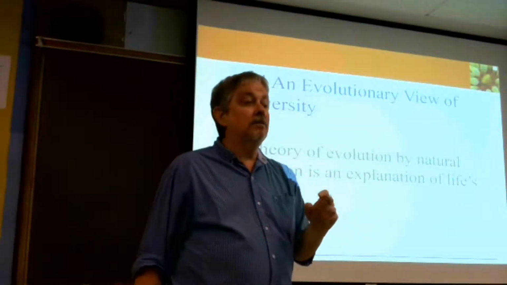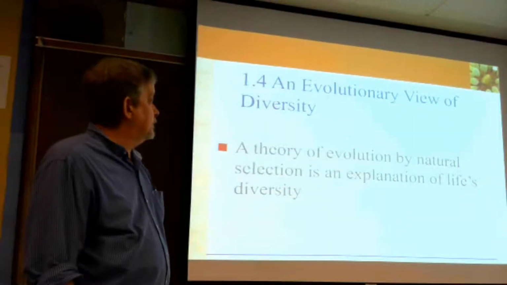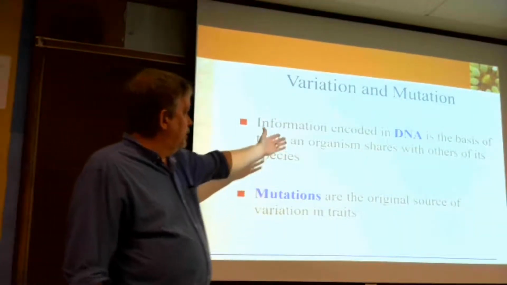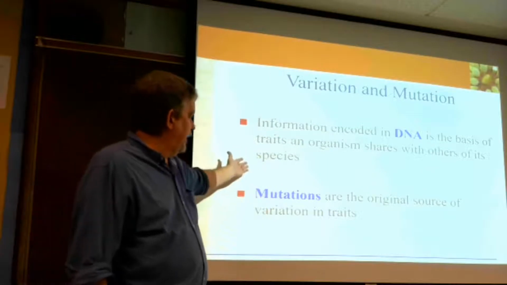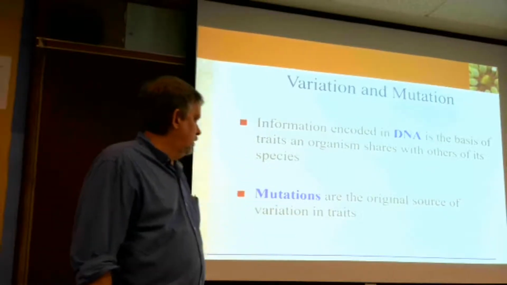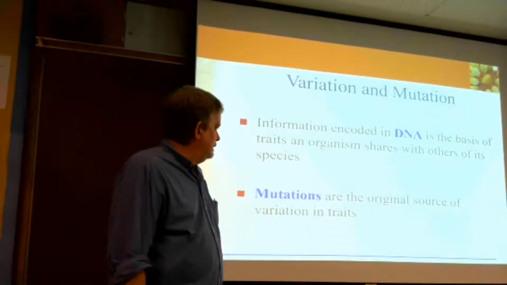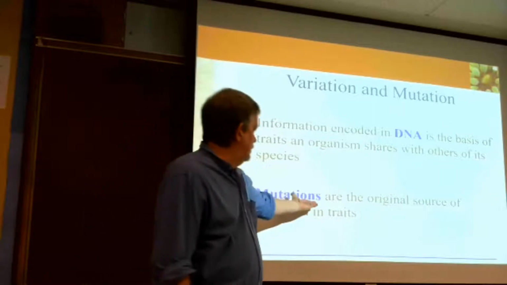Natural selection determines what genes are passed on and what ones are not. All right. Encoded information in DNA is the basis of traits, and we've already talked about that. Mutations are the original source of variation in traits. Is that completely true?